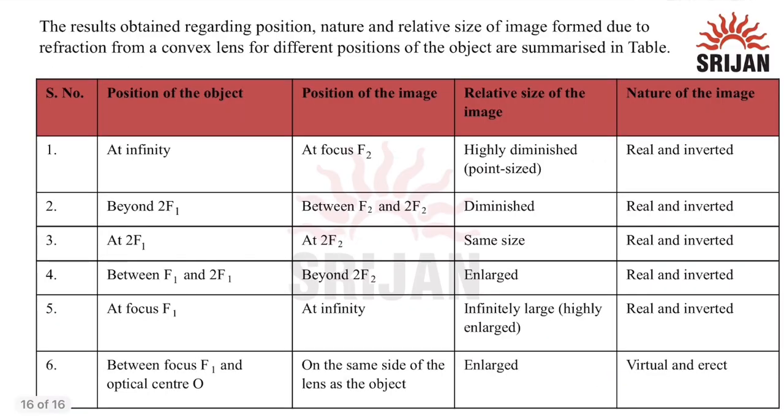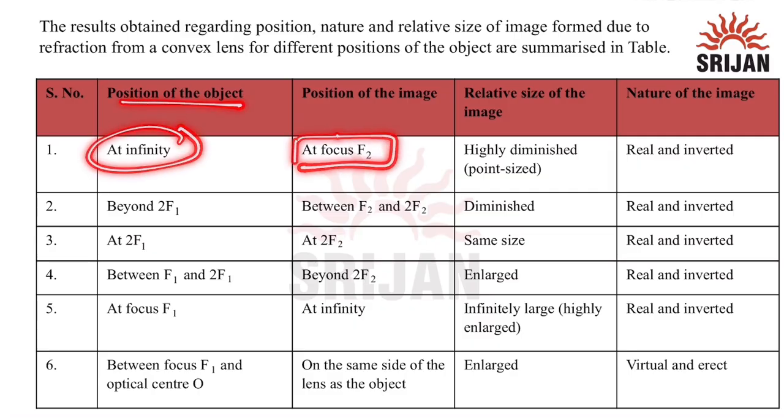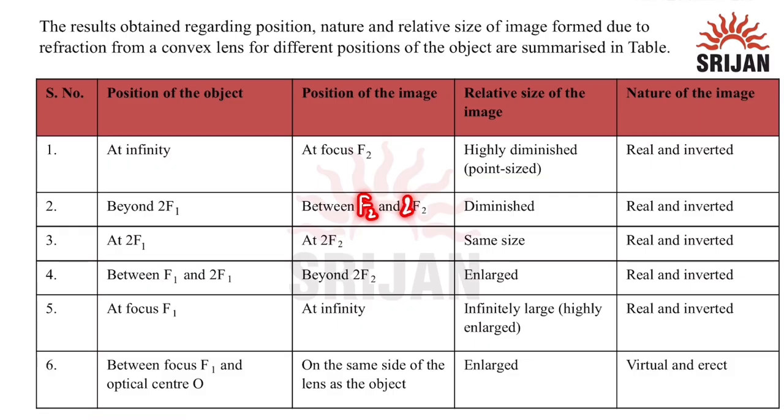Now let us summarize all these through a table. When the position of the object is at infinity, we get the image at the focus on the other side. This image is highly diminished, and the nature is real and inverted. Second, if the object is beyond 2f1, then the position of the image will be between f2 and 2f2. The size is diminished, and the nature is real and inverted.